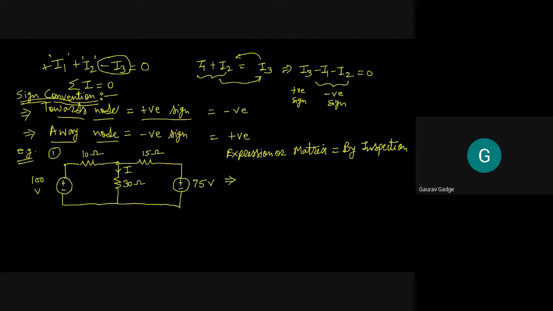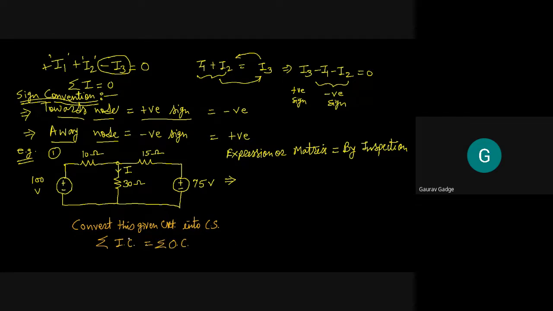First, convert this given circuit into current source, because then only we can write down the summation of incoming current is equal to summation of outgoing current.